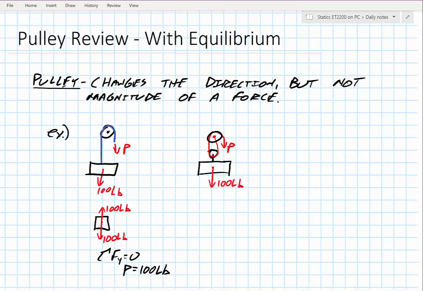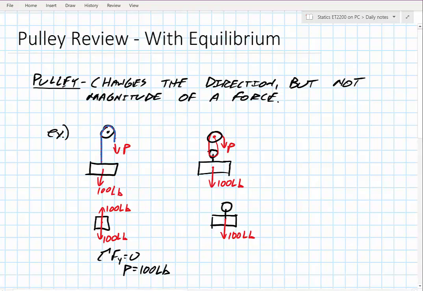If I look at the free body diagram of what's going on with this box, I still am supporting this 100 pounds. And with this pulley, I know the tension in the cable has to be the same wherever I am within it.